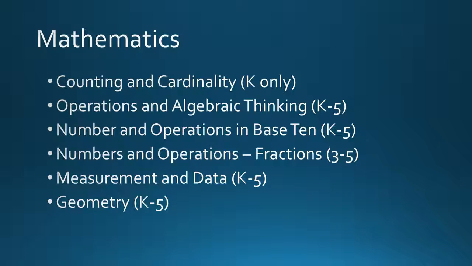The geometry domain includes many of the standards that are additional to the major work of the grade level. In early grades, students begin working with shapes, describing shapes by their attributes and categorizing shapes by their defining and non-defining attributes. Later, they start working with partitioning shapes into smaller parts that supports the later work of fractions.